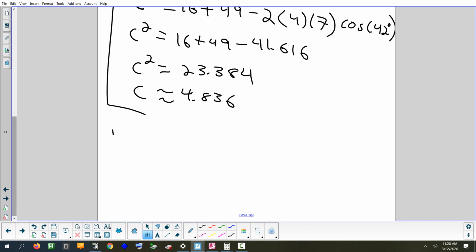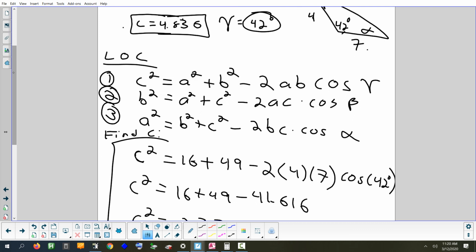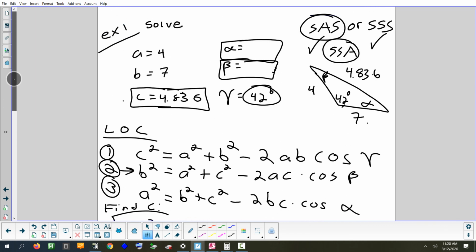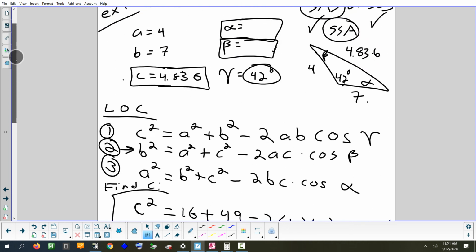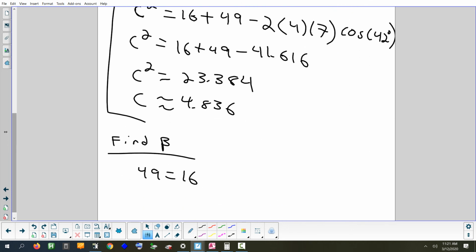Now we're going to find beta. Okay, so to find beta, you use what we're calling version 2. b squared equals a squared plus c squared. Well, b squared is 49 equals a squared, which is 16, plus c squared. Well, what's c squared?